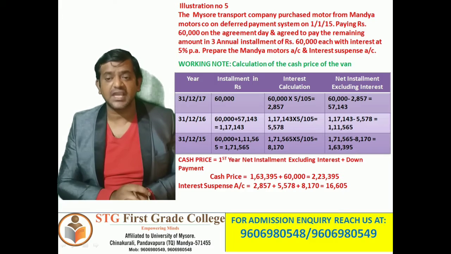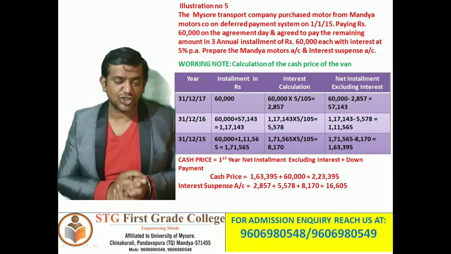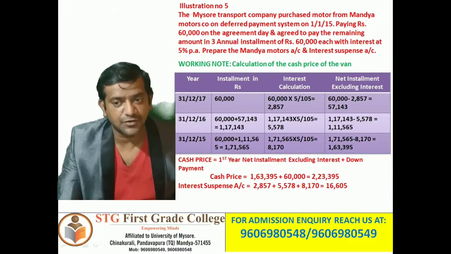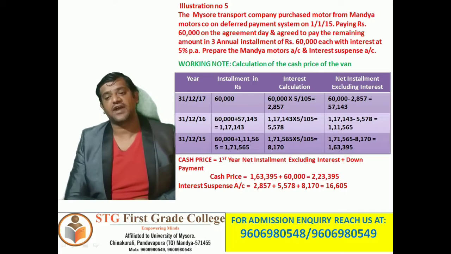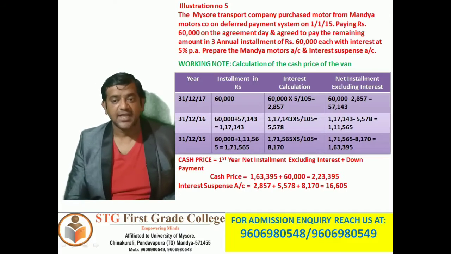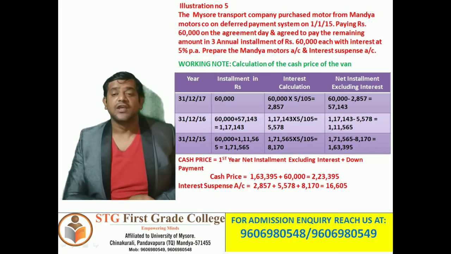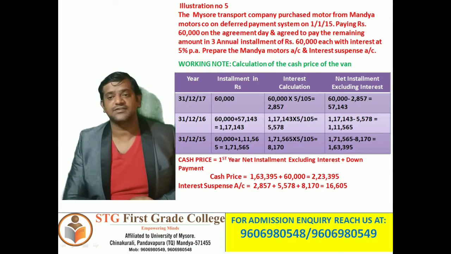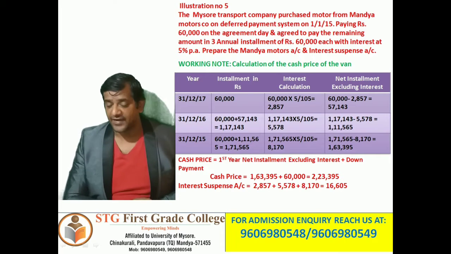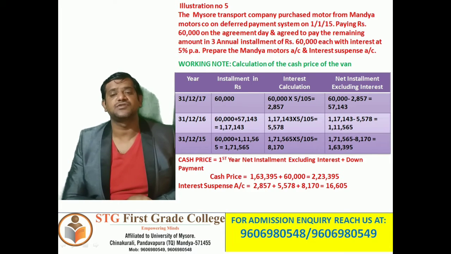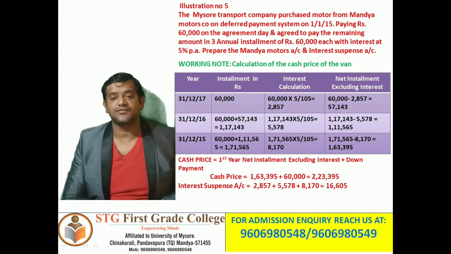Net installment money excluding interest is 1,17,143 minus 5,578. When you deduct the interest, we get 1,11,565.